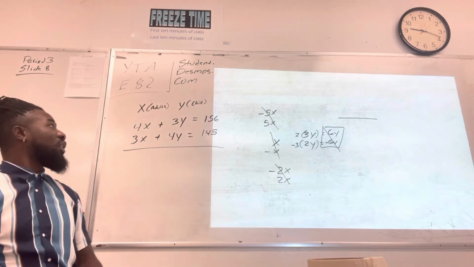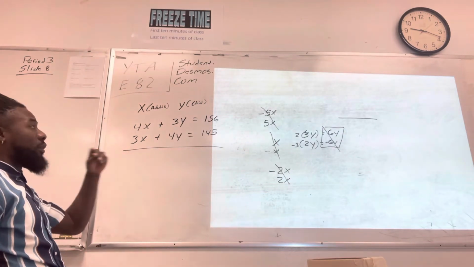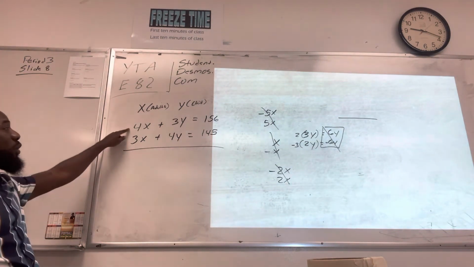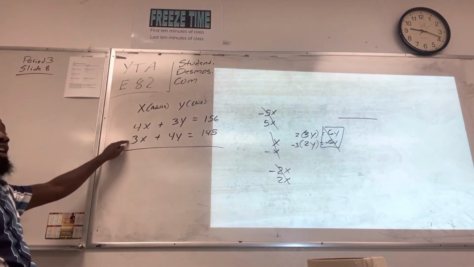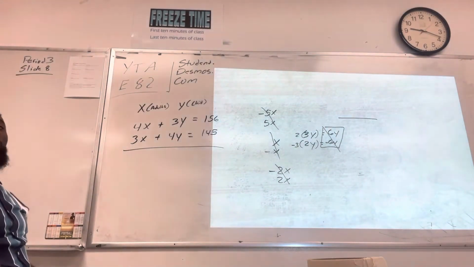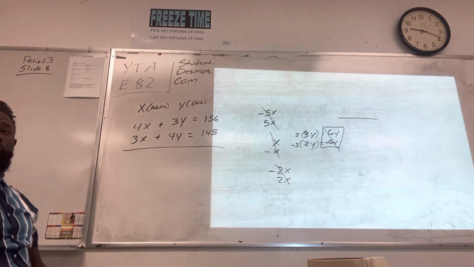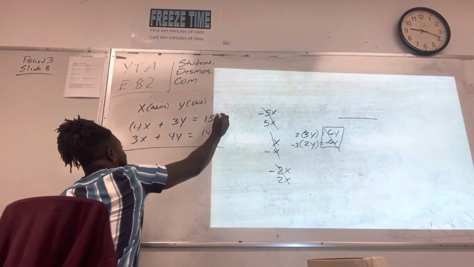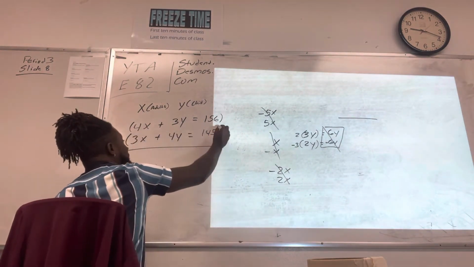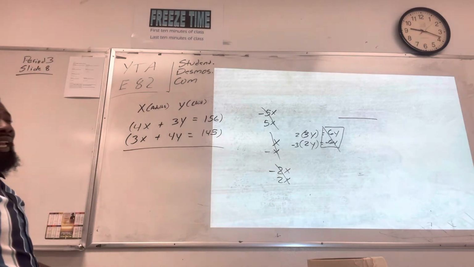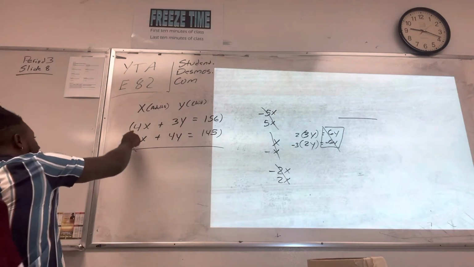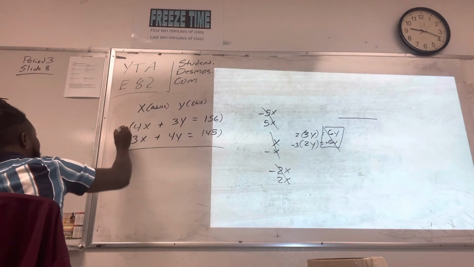So now, looking at the system, we want to manipulate our x variable so that we can create an inverse pair. What should we multiply the top by versus the bottom in order to create an inverse pair? We're going to multiply the top by 3.